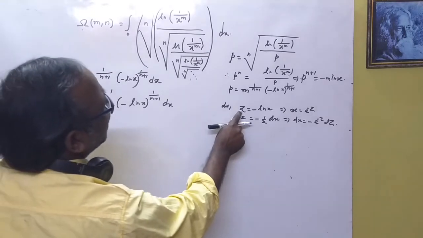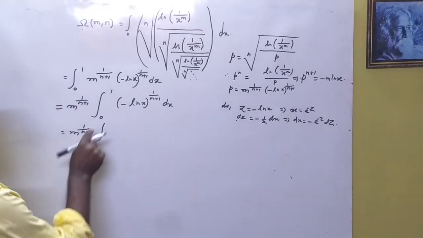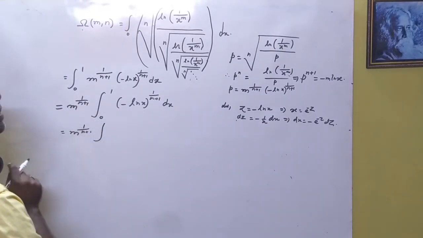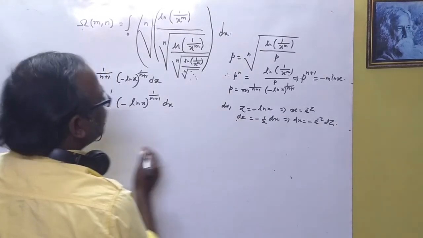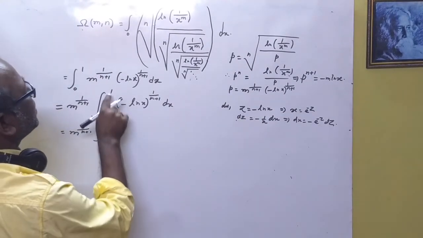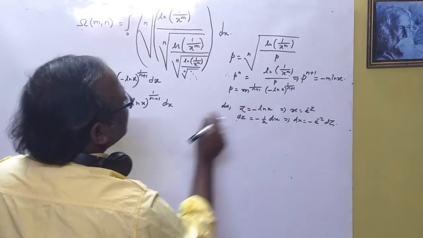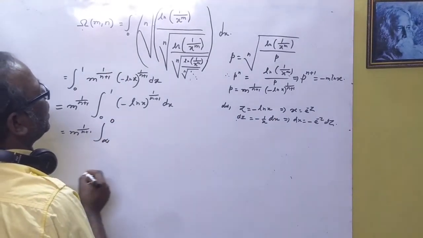If we substitute this variable z, the limit is x is 0, then minus log 0 is infinity, and if you put 1, log 1 is 0. So this is the limit.